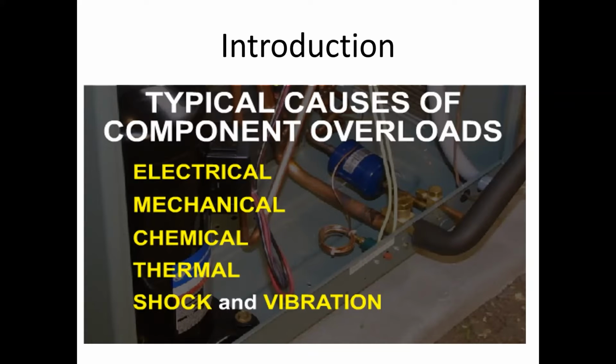Sometimes it's from the factory or distribution center to the supply house warehouse. It could be from their warehouse or resource center to your shop, or from your shop to the job, etc. So shock and vibration is not only from operating. It's also through transportation, or it can be.